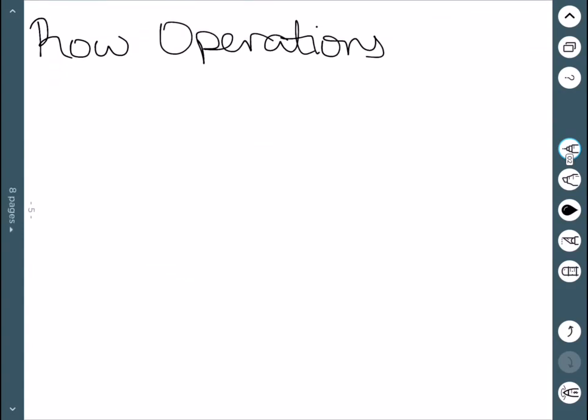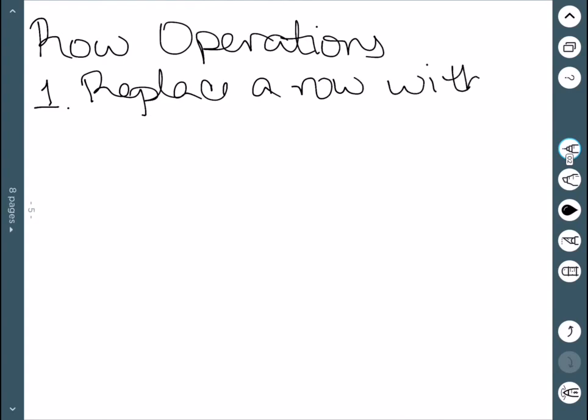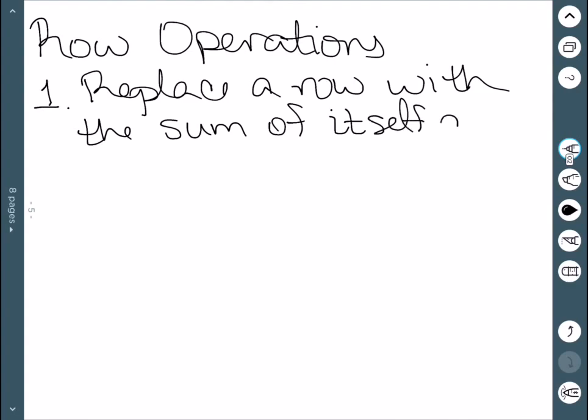When dealing with these, we're going to have row operations. These correspond to the different things that we were able to do to the equations in our original example. The first one is we can replace a row with the sum of itself and a multiple of another row.